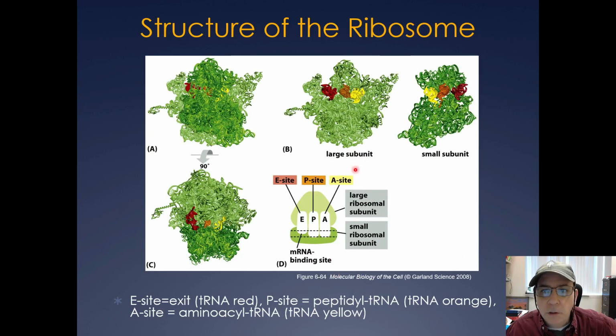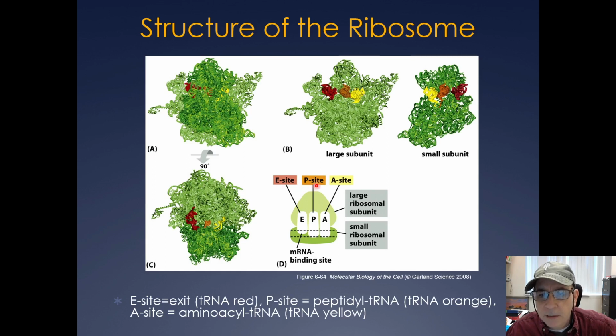So here's what the structure of the ribosome looks like. It's shaded dark green for the small ribosomal subunit and light green for the large ribosomal subunit. Here's the large, and here is the small subunit. There are three sites here that you have to know, and we'll see what they do.